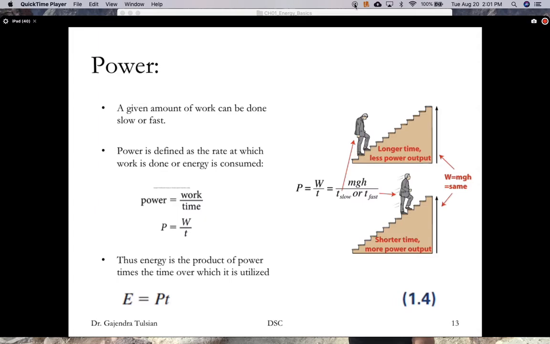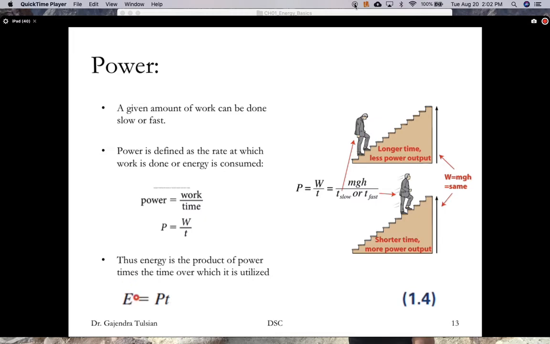Now, the idea of power is the following. Power is defined as work divided by the time over which the work was done. So the smaller the time you take, the greater the power. If you walk up the stairs, your power is lower, and if you run up the stairs, your power output is higher. Now you saw that to do work you need energy.